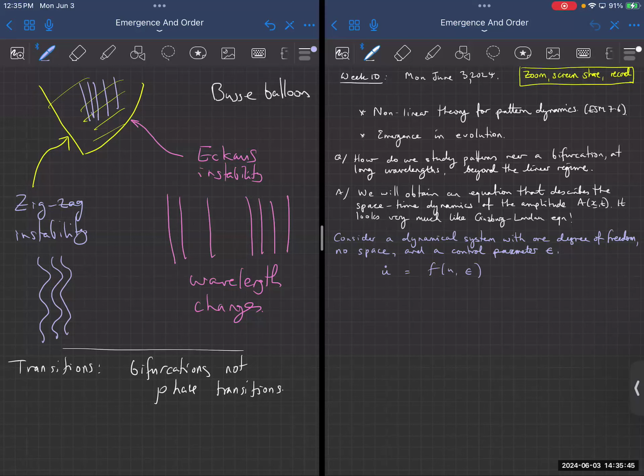What I'm going to tell you now is in section 7.6 of my Emergent States of Matter lecture notes. What I'm going to show you is a very quick and dirty way to derive equations that describe the long wavelength behavior of dynamical systems. But the correct way to do these things is using the renormalization group. But we're going to do it in a quick and dirty way.